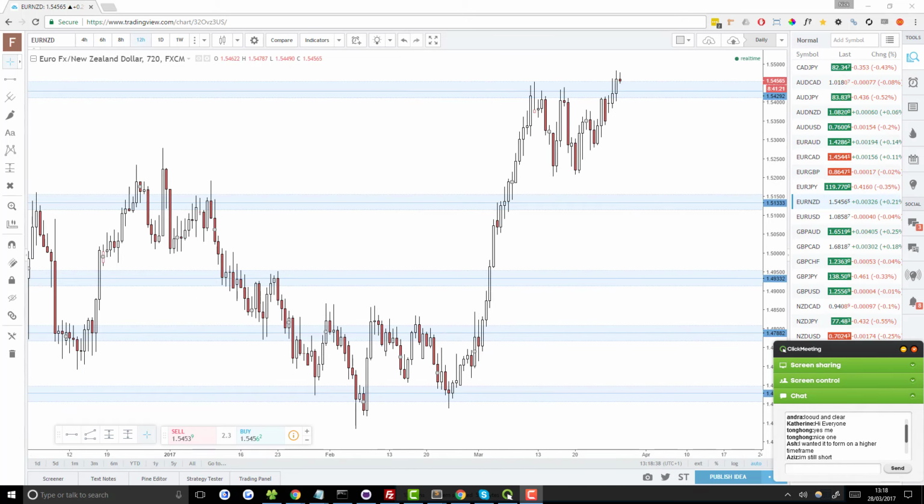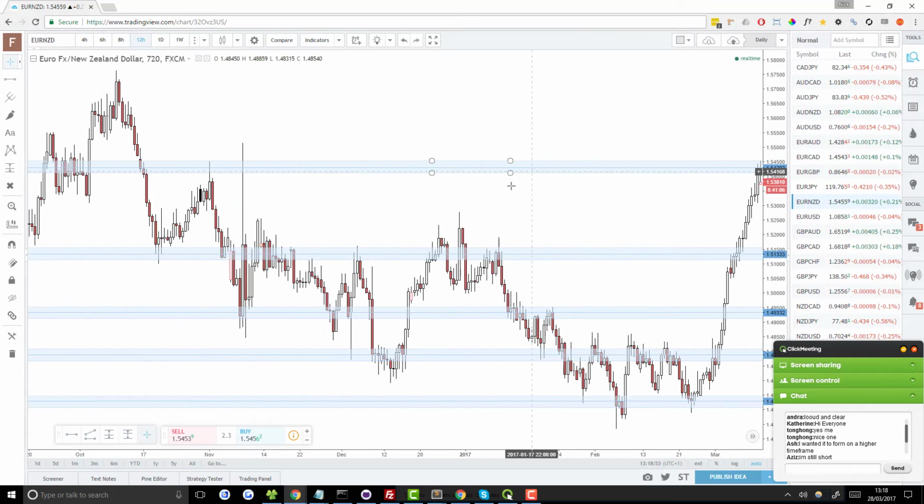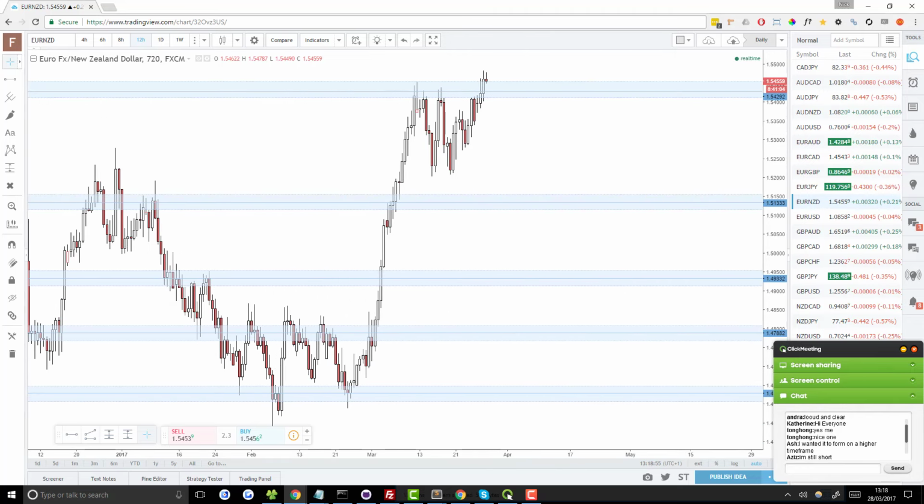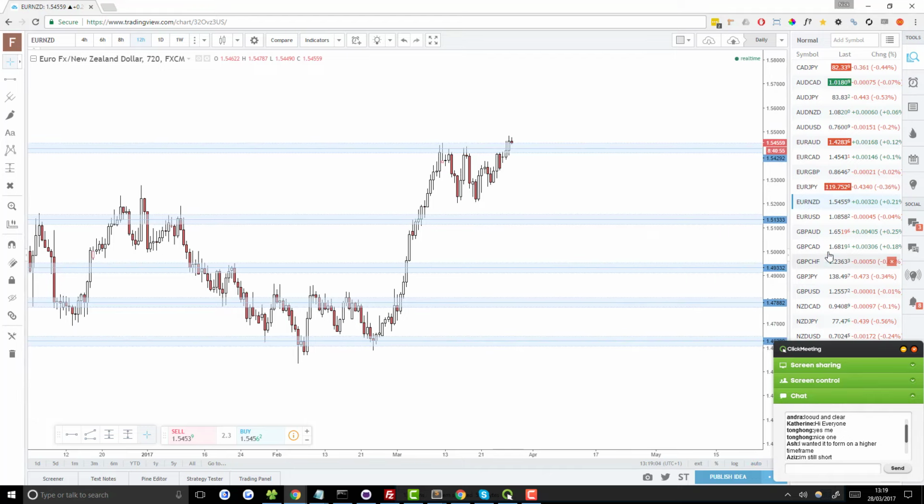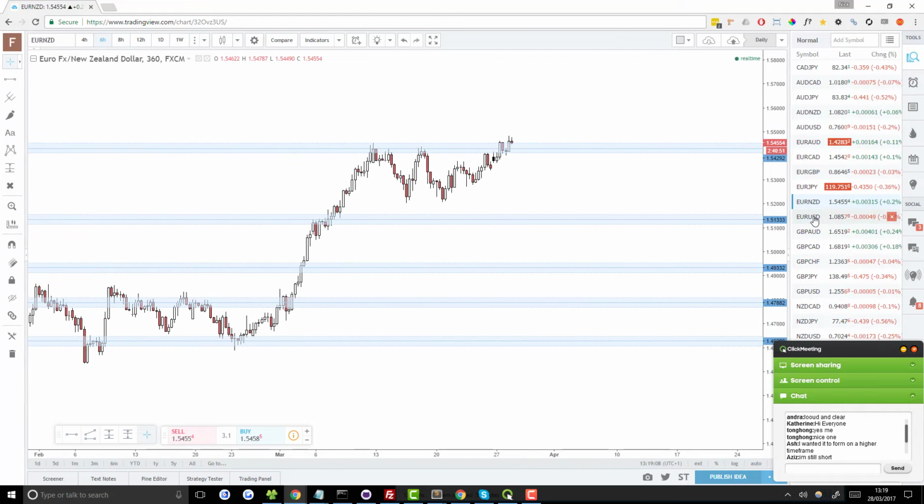So we have price stalling near this resistance area, but it's broken pretty far above it at this point, much further than these previous two bounces. It would be a bit of a risk shorting now, because very likely it's just going to go like that. So yeah, I'm not that bothered. Nothing really with Euro New Zealand.